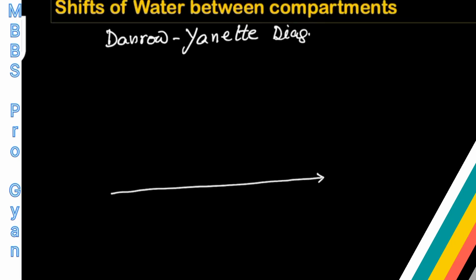I am drawing one x-axis and y-axis, and I am drawing one box, right?